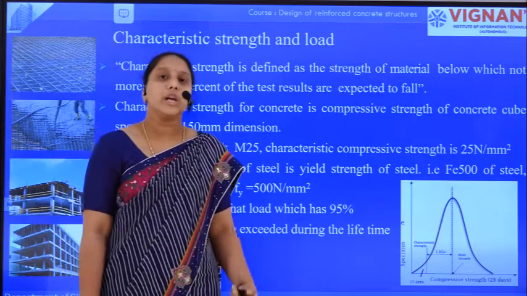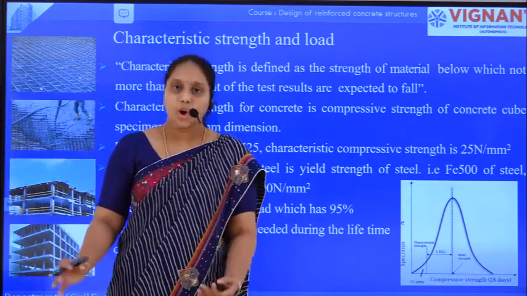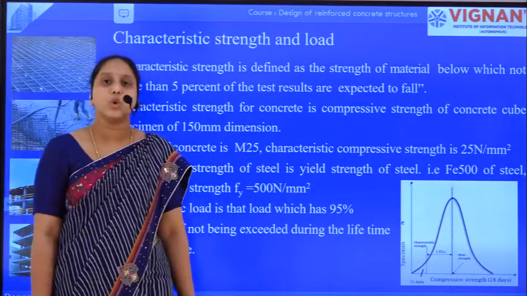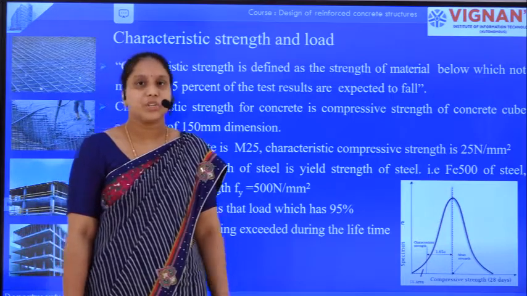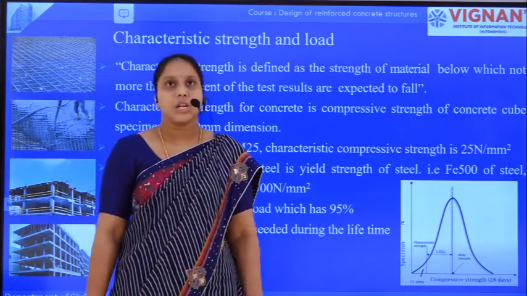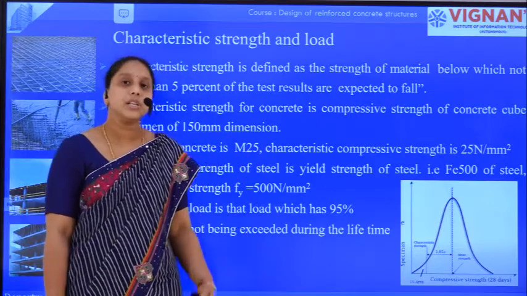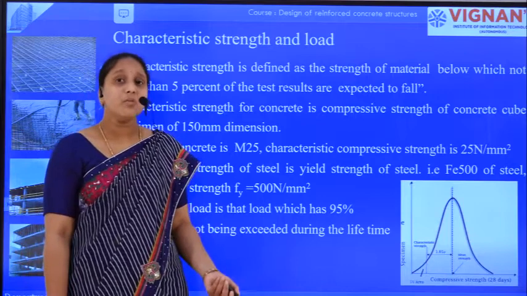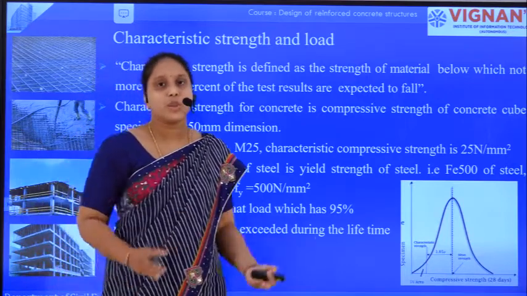After curing all the cubes for 28 days, I have demolded all the cubes, and then I have tested the cubes under a compression testing machine. So I have applied pure compression on those cubes. When pure compression is applied on those cubes, I get the compressive strength values.